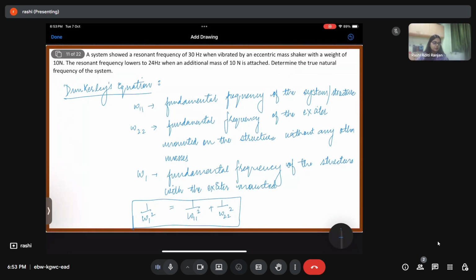Because, see, we learned earlier that for a system, if damping is present, it could be of many types. For viscous damping, we have the relation of logarithmic decrement. For frictional damping, we have another relation, and likewise.